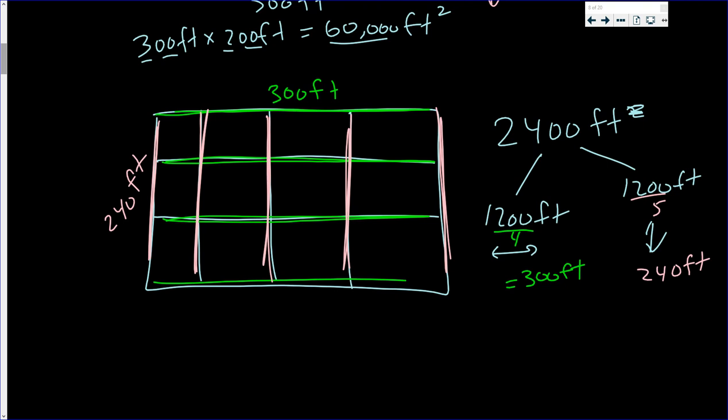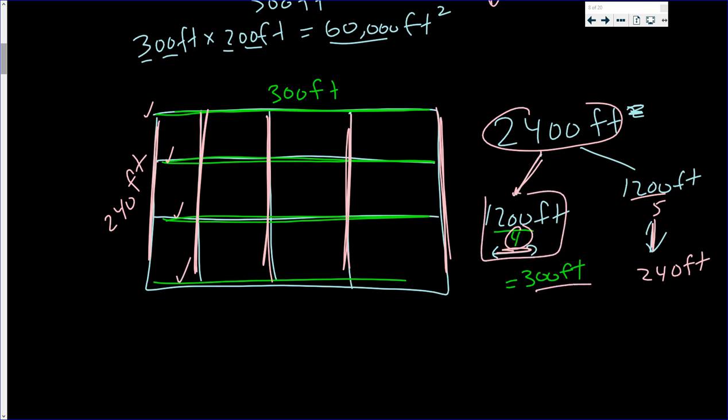Unfortunately, on an exam, you probably can't do this. You have to show your work. But fairly easily, you divide this by 2. 1,200 goes horizontally. 1,200 goes vertically. And then you decide how many horizontals you have. 1, 2, 3, 4. Divided by 4, 300 feet.